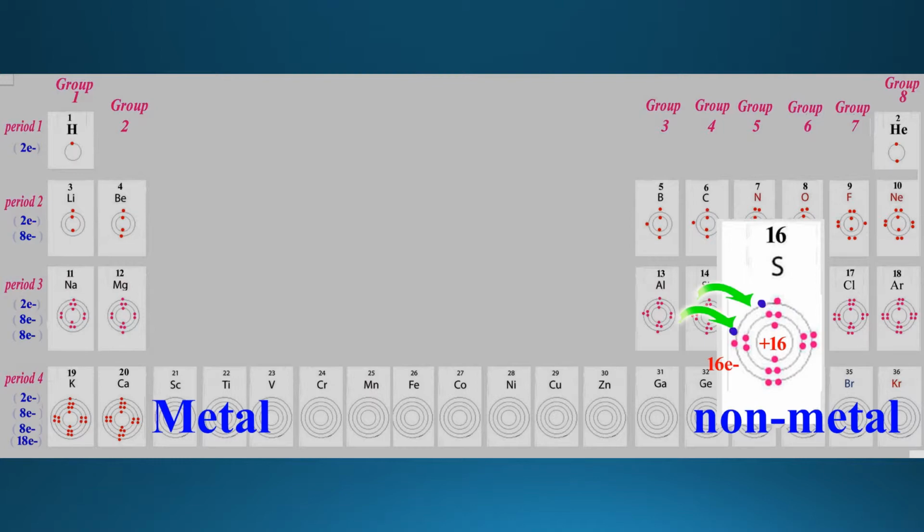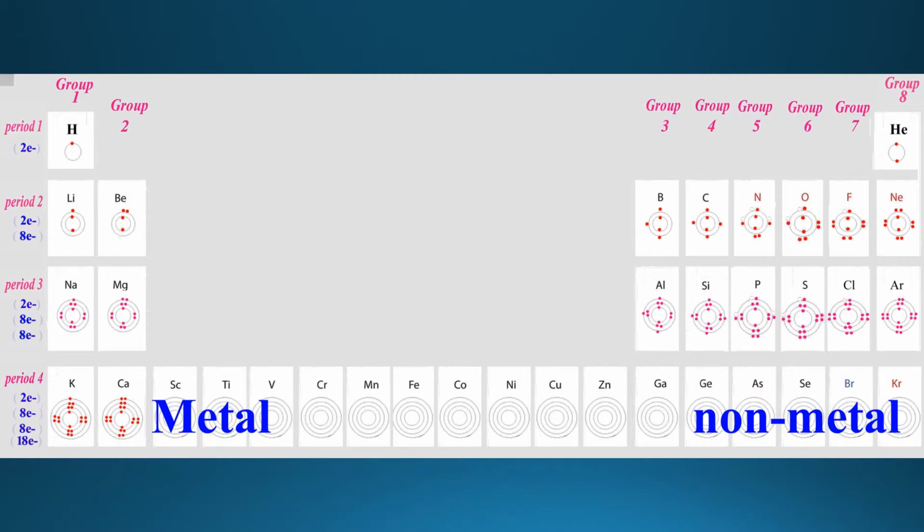After it gains 2 more electrons, are they still 16? Of course not. It becomes 18 electrons. 18 electrons against 16 protons. So now they bear the charge. 2 minus. So this is again a negative ion.